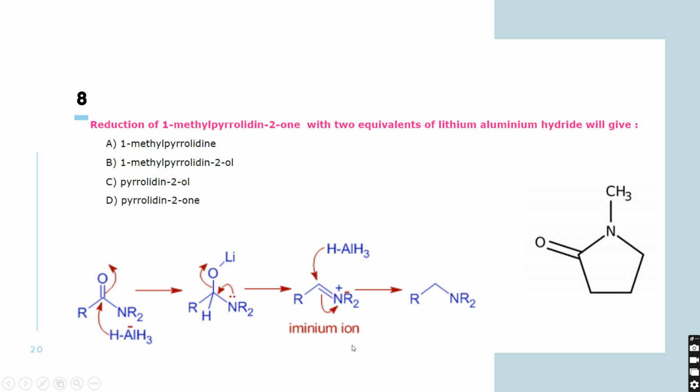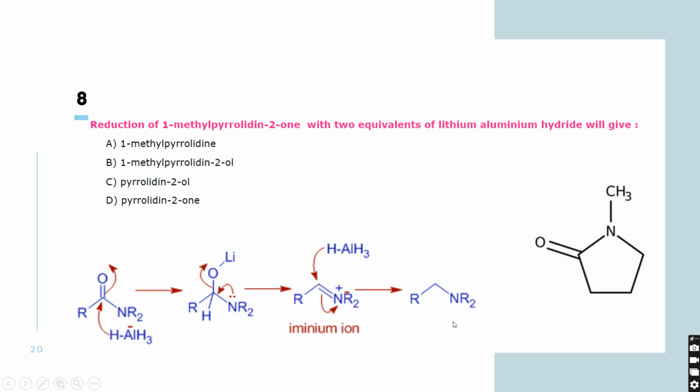Now this positively charged iminium ion will be reduced by the second equivalent of lithium aluminum hydride. Remember you are given two equivalents of lithium aluminum hydride, so the second equivalent will neutralize your positively charged iminium ion, and you will get this tertiary amine.